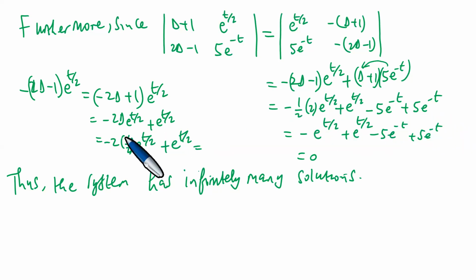Obviously we differentiated the t over 2 with respect to t, because what is this d? This d can be seen as d/dt. That's what this capital D is. So if it is a derivative with respect to t, then obviously the 2 cancels. And we just have the minus e to the t over 2 plus e to the t over 2 minus that. And then these 2 guys cancel, and these 5s cancel out, and we are left with the 0.